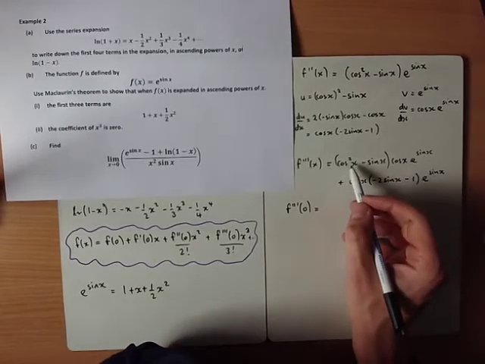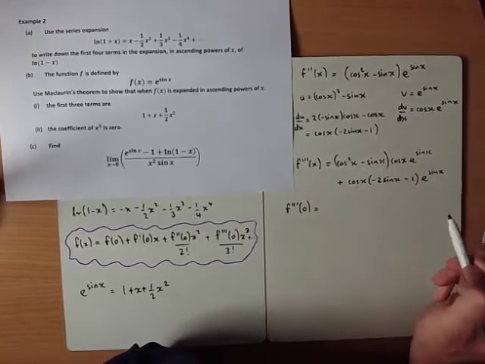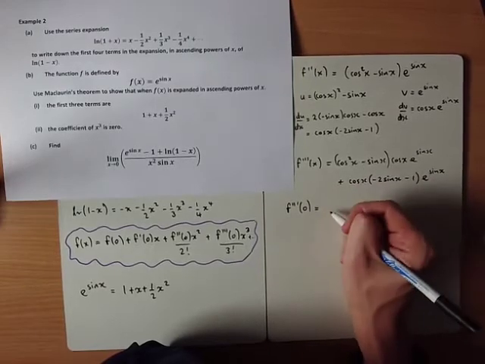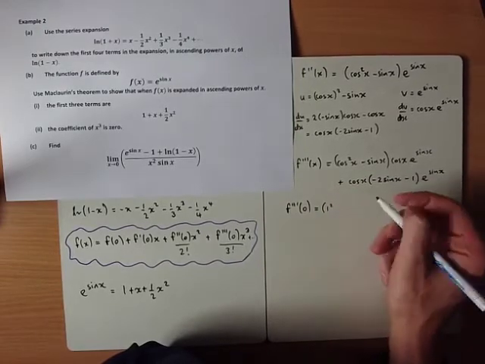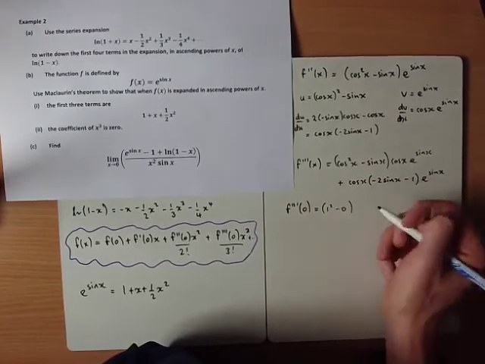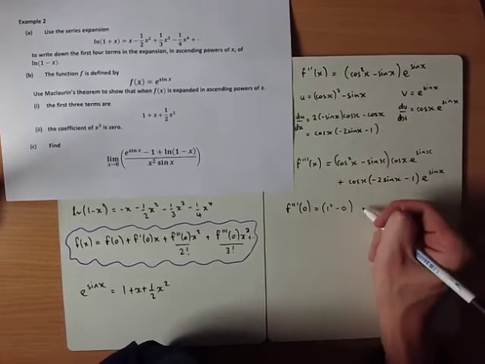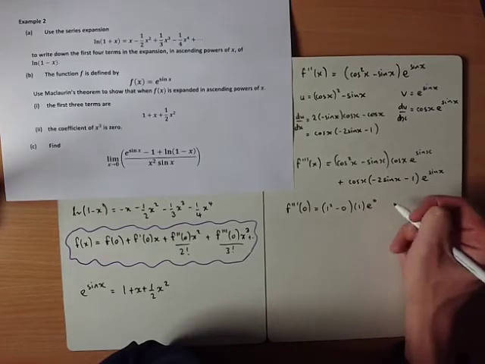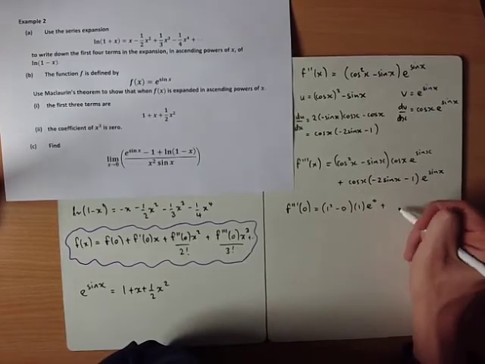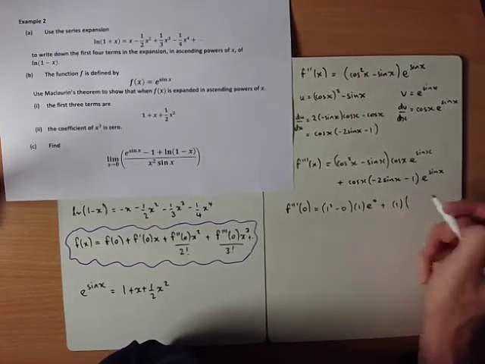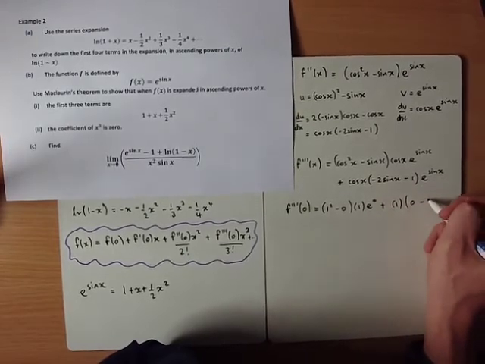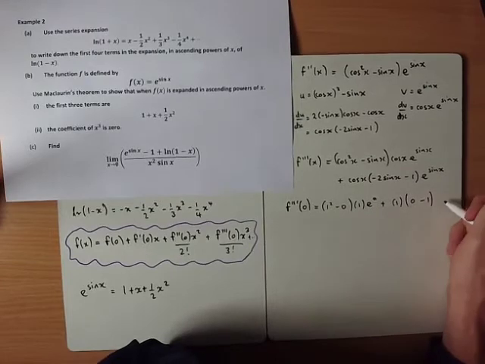So when we sub 0 in, you've got to justify a little bit of working out here. You can't just write equal to 0. So cos is 1, so that would be 1 squared minus sine of 0, which is 0. Cos of 0 is 1. E to the 0 is also 1. And then plus cos of 0, which is 1, minus 2 times 0, so that would be 0, minus 1. And then e to the 0.